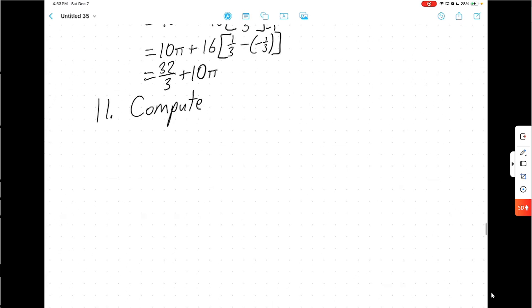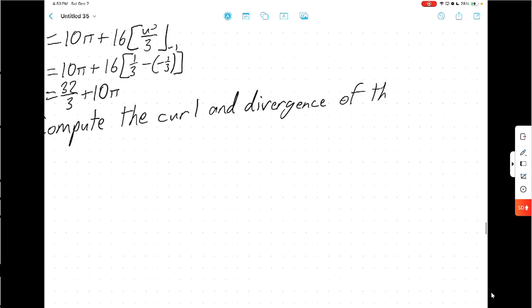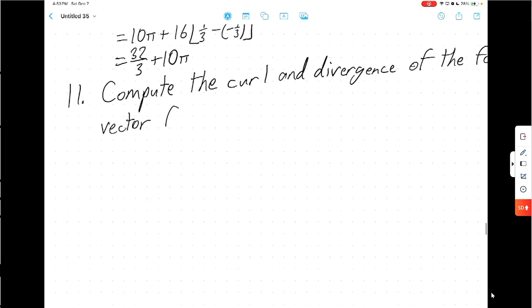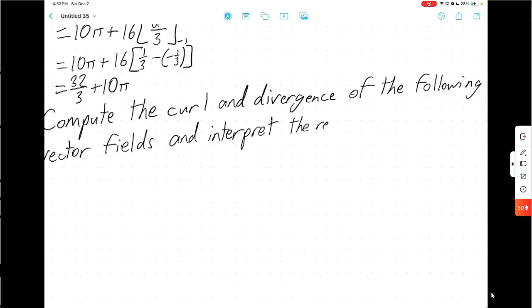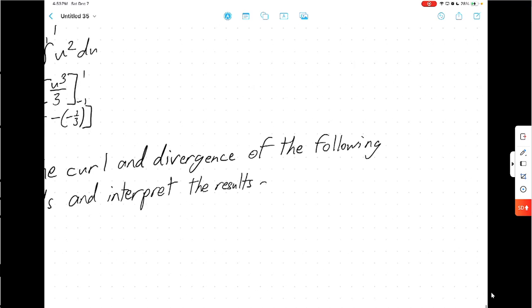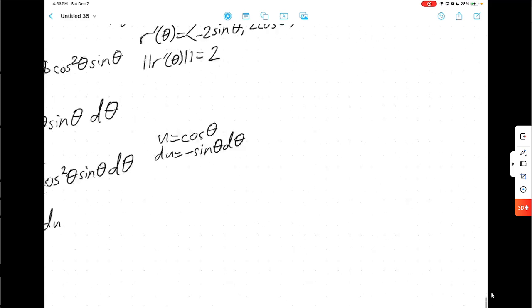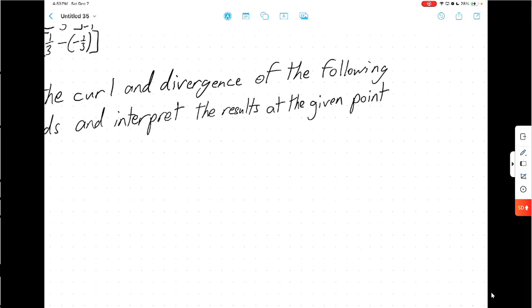11. Compute the curl and divergence of the following fields at the given point.